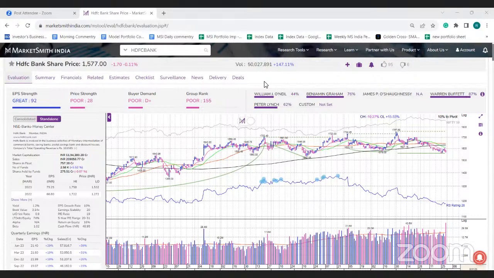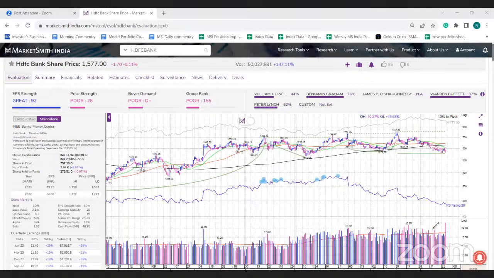If you look at the current base price volume action, most of the time the stock has fallen on higher volumes. If you look at the volume section, you will be able to see that is not a good sign of positive base formation. And also the stock has breached its key moving averages, 50, 100, 200 DMAs.